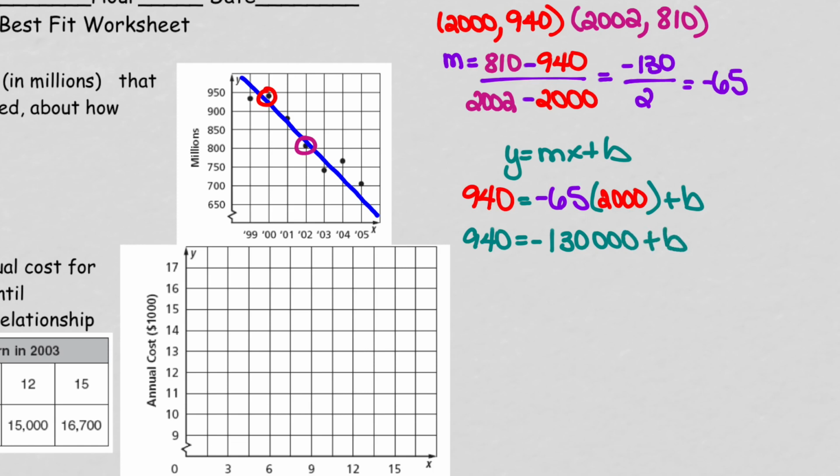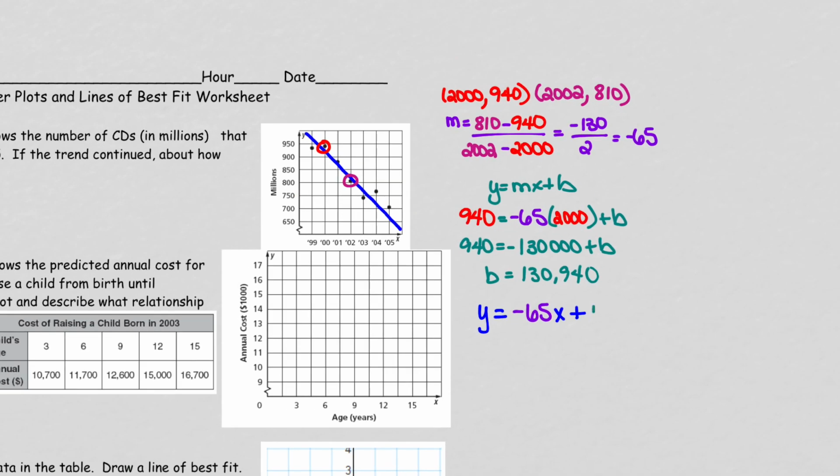Add 130,000 to 940. And so b is 130,940. So the equation of our line would be y equals negative 65x plus 130,940.